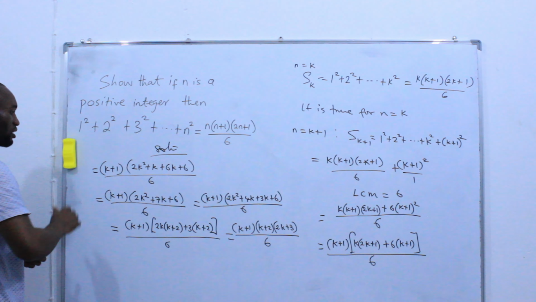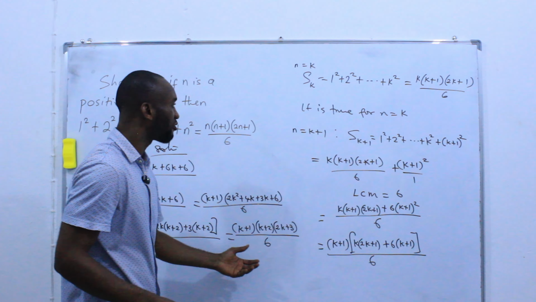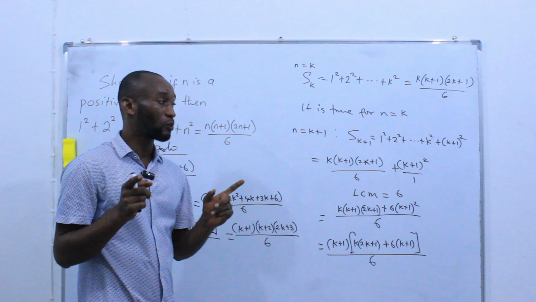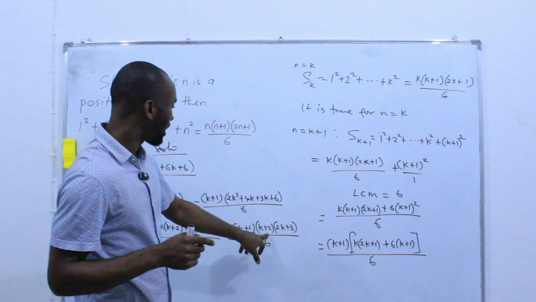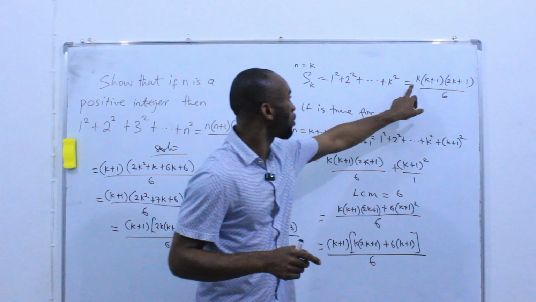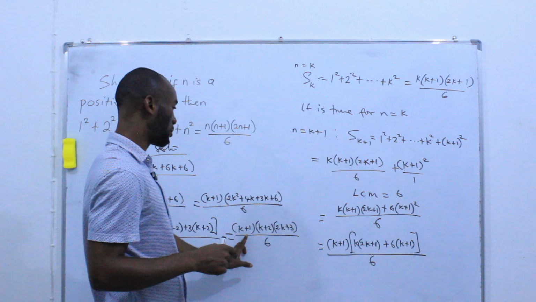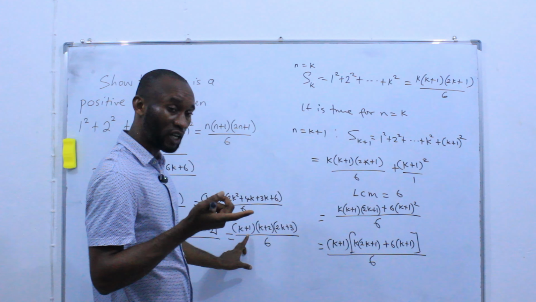Now, this is the expression we have for the right-hand side of the partial sum when n is equal to k plus 1. Now, we try to make it look like the original equation, where we have k. In place of k, we have k plus 1, showing that it is true for k plus 1.